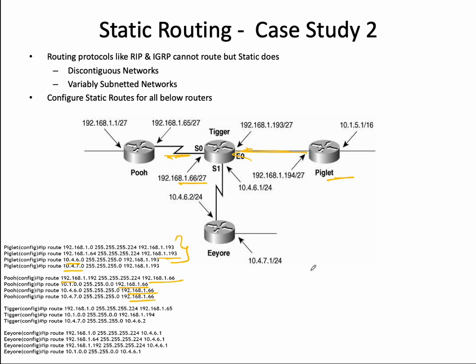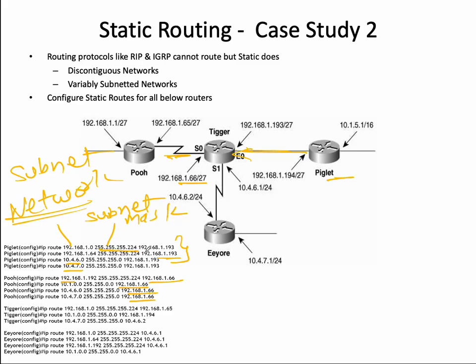And you need to make sure that this is the IP and this is your network address, or we can call it subnet, and this is your subnet mask, and this is your next hop. This is how you configure it.